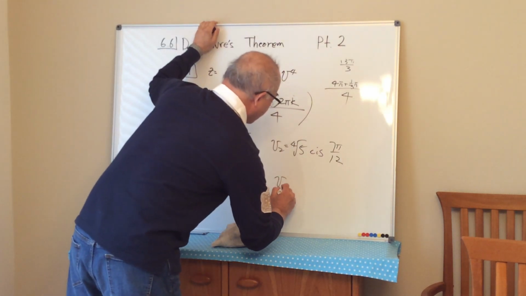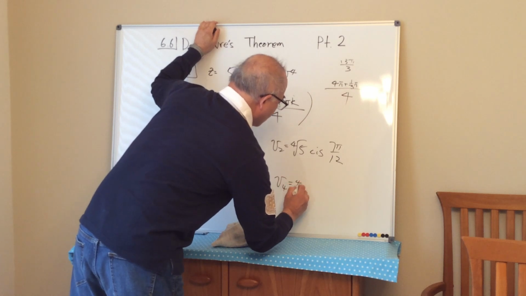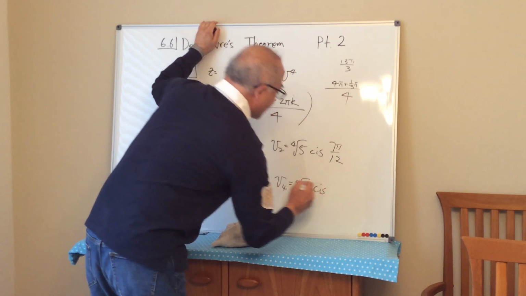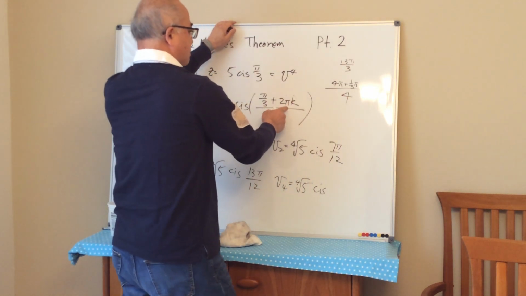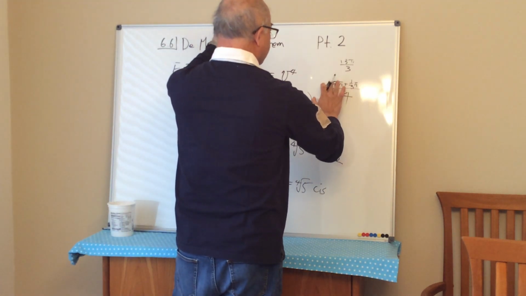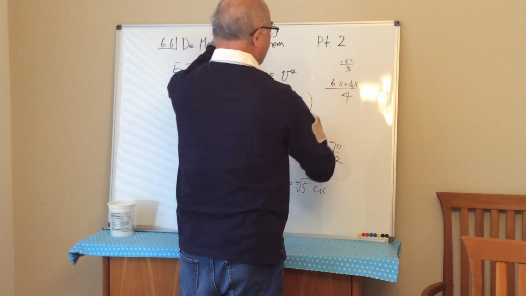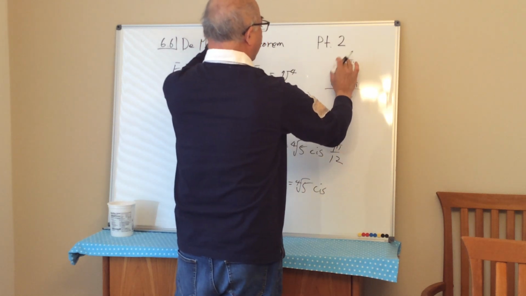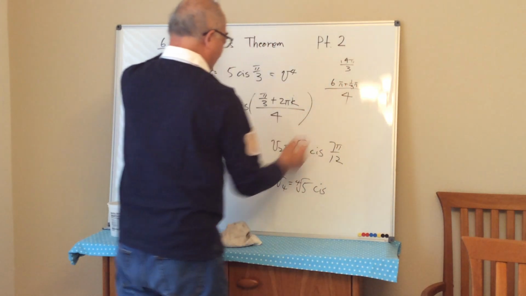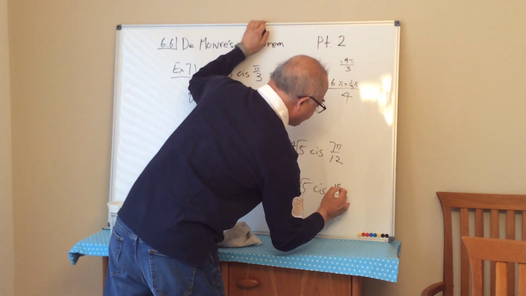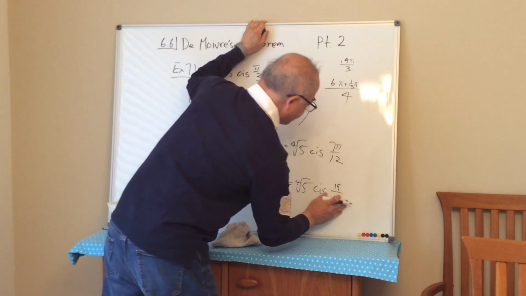And then V4 is CIS, where k is 3, so it's 6 pi plus 1/3 pi, which is 19 pi over 3, divided by 4. So I get 19 pi over 12.